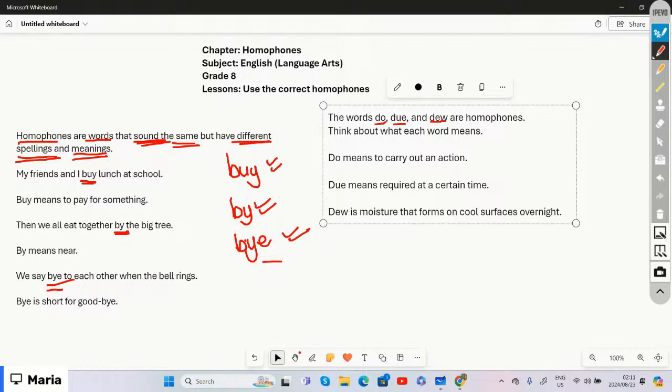And if we think about what each of these words mean, the first word, do, which is D-O, means to carry out an action.